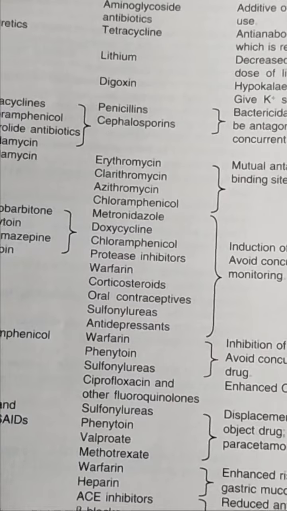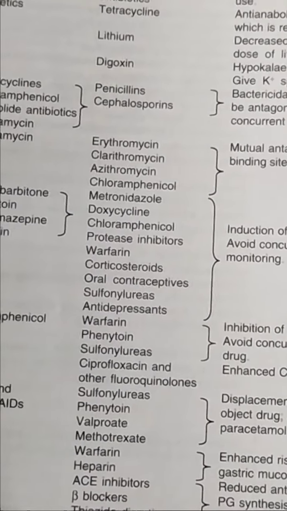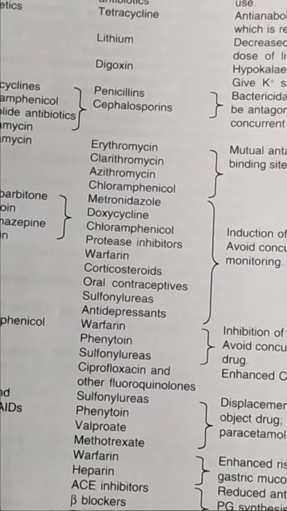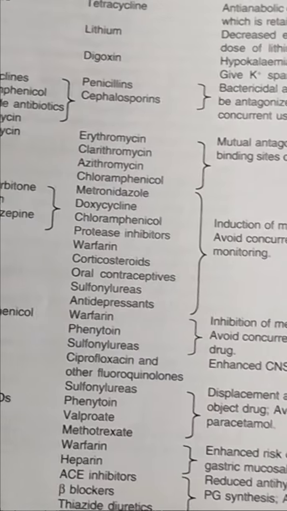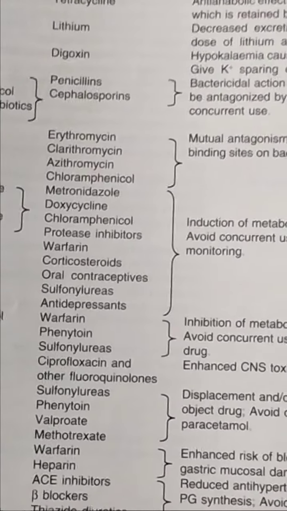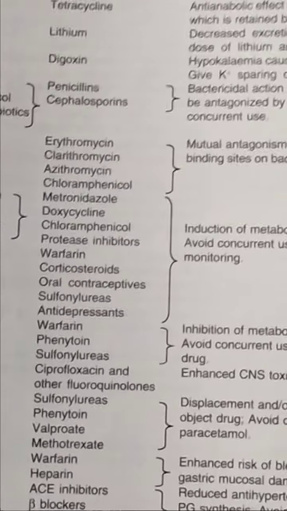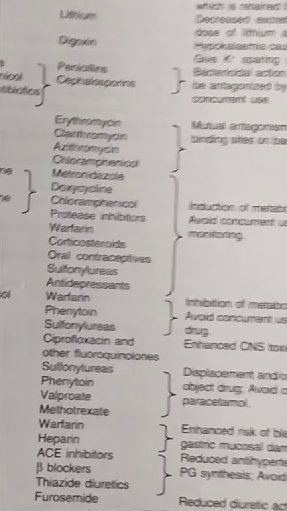Chlorpromazine with morphine: CNS depression will be enhanced. And levodopa with angiotensin converting enzyme inhibitors cause excessive postural hypotension, so reduce the dose of antihypertensives.